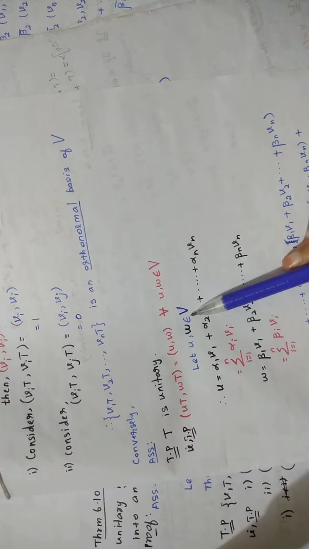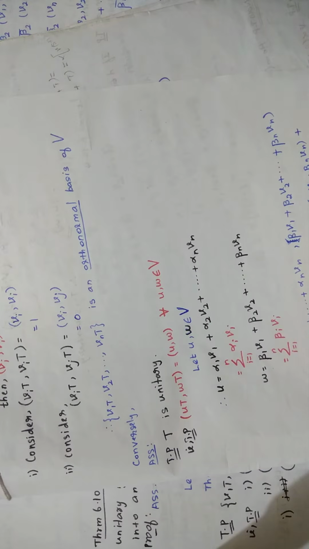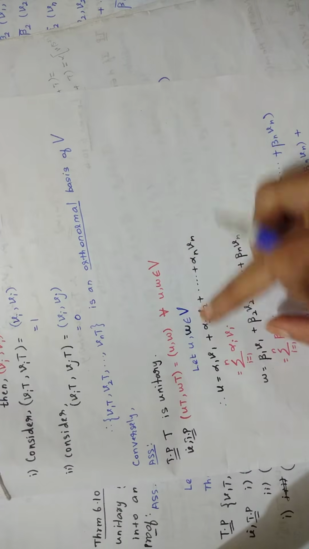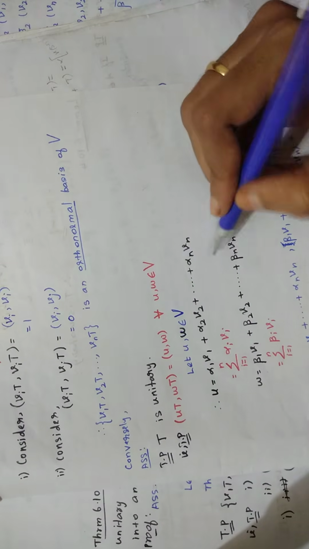The reason is that you are taking u and w from the vector space, so these two elements present in the vector space will be in this format, linear combination format. So here u is equal to α1v1 + α2v2 + etc. + αnvn.